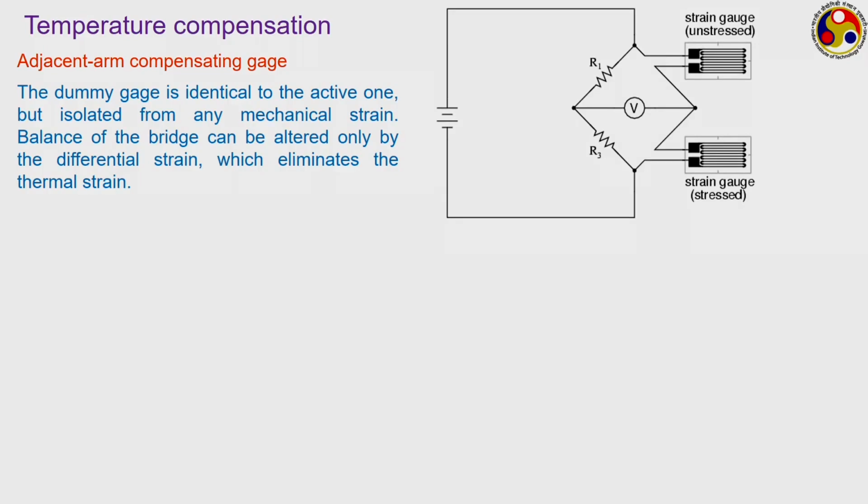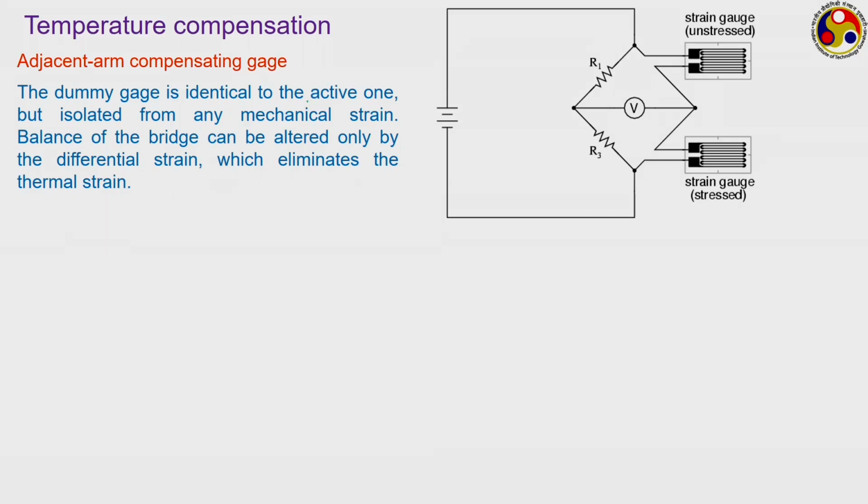There are primarily two different mechanisms by which we can eliminate the effect of variation in temperature. The first one is the adjacent arm compensating gauge. This is something that we have already discussed in conjunction with resistive strain gauges or bridge circuits. Here, instead of one, we use a second strain gauge which is identical to the active one.